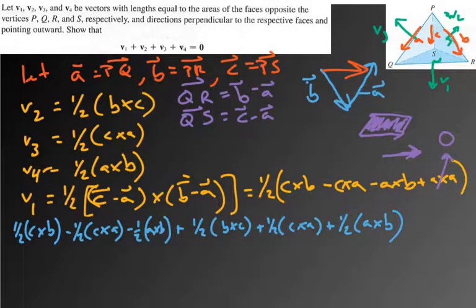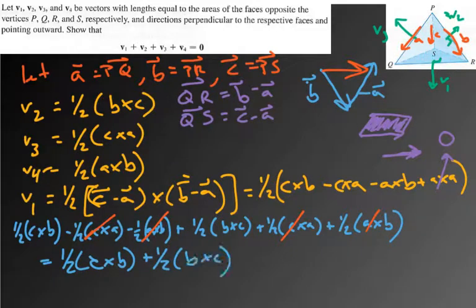Okay, so let's look at what we have here. We've got a negative 1/2 C cross A and a positive 1/2 C cross A. We've got a negative 1/2 A cross B and a positive 1/2 A cross B. And then we've got this 1/2 C cross B plus 1/2 B cross C.